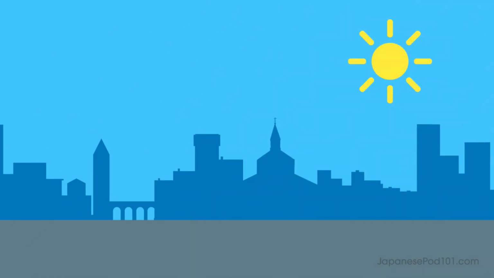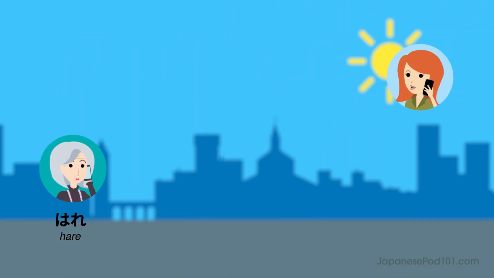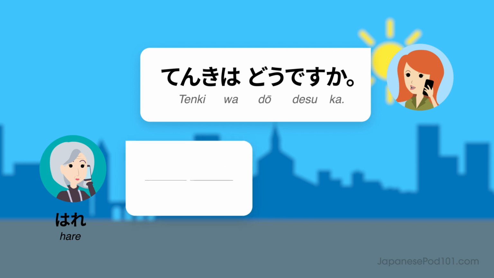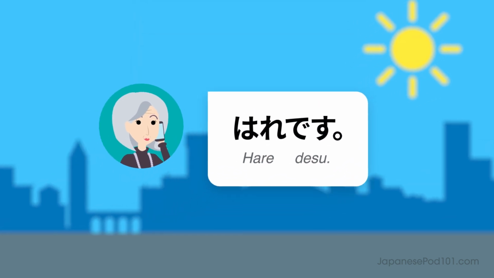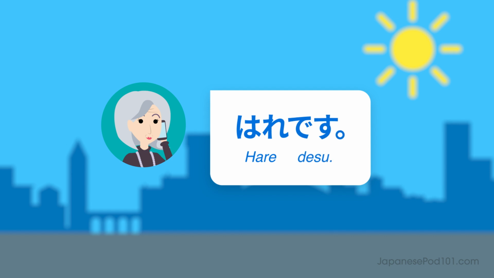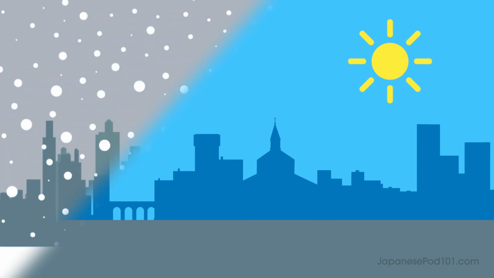Let's try another. Imagine you're Miki Mori in sunny Fukuoka. Ready? 天気はどうですか？晴れです。Listen again and repeat. 晴れです。Let's try one more.